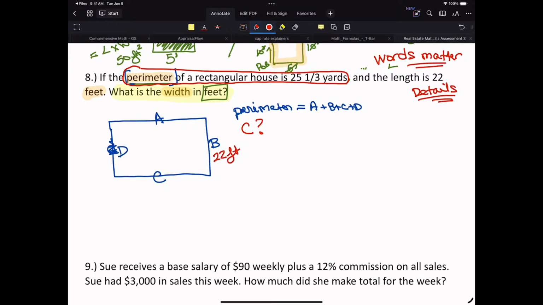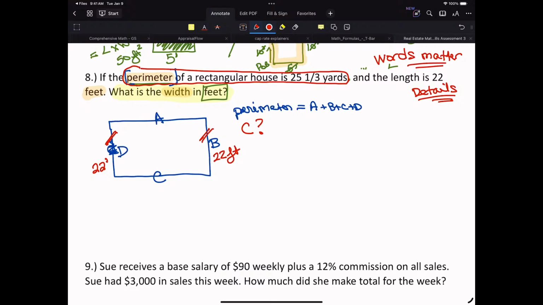If D is also equal to B, this is a rectangle, so opposite sides have to be the same. So B is 22 feet and D is 22 feet.